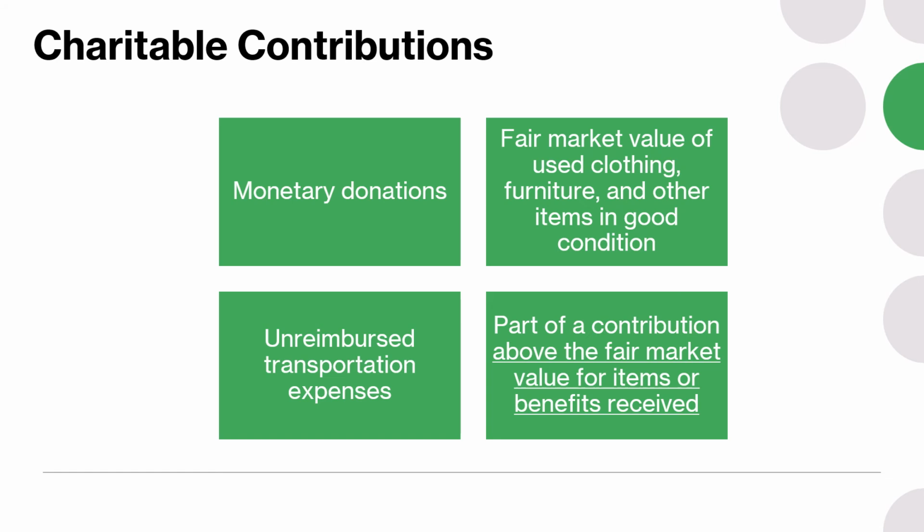And then any part of a contribution above the fair market value for items or benefits received. A lot of times various organizations will say, hey, if you donate this much money, you'll get this free gift in return. So you have to subtract the value of that gift from the total contribution to come to the deductible portion.